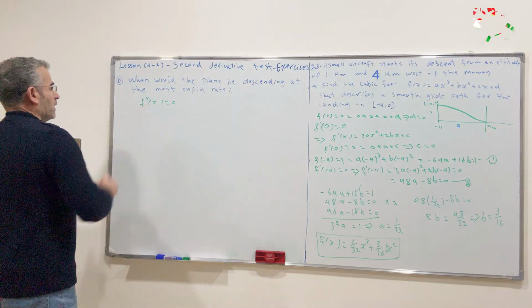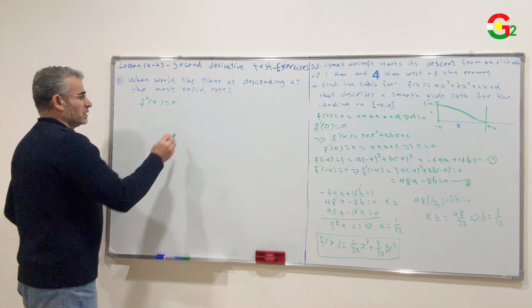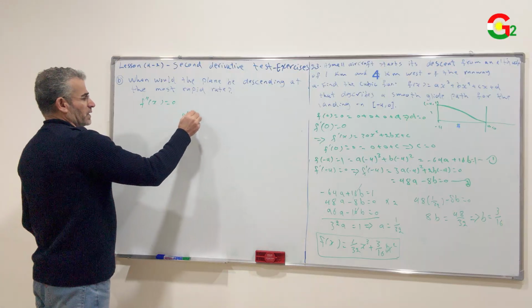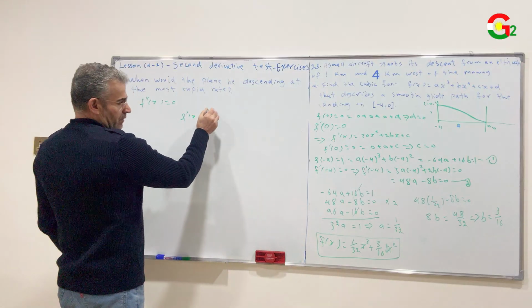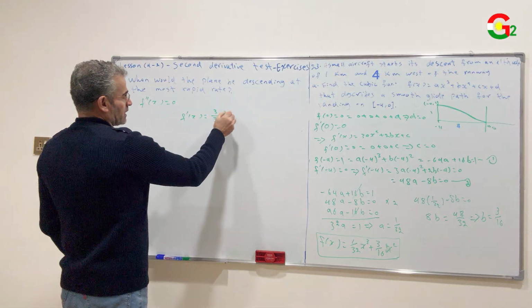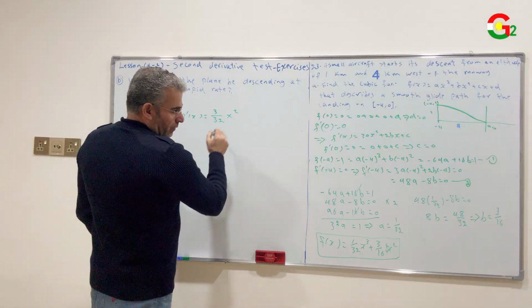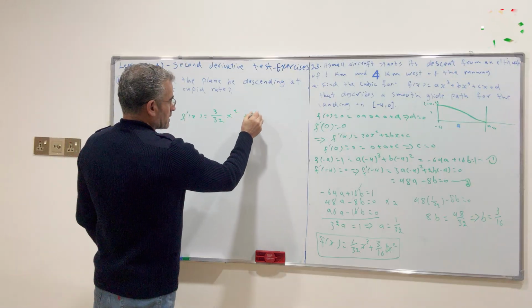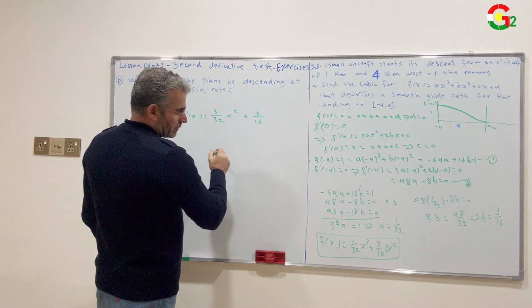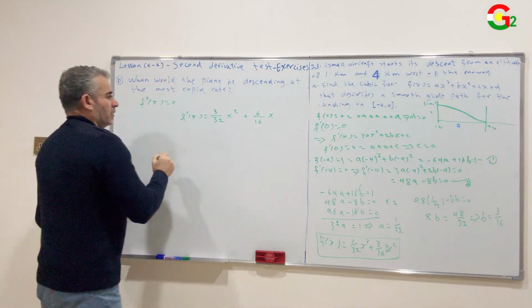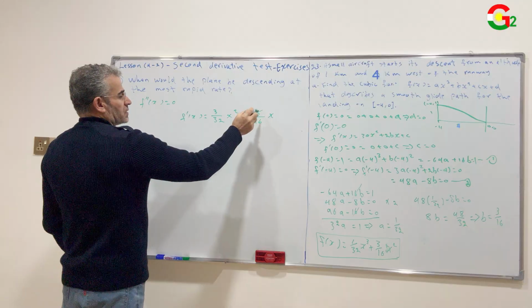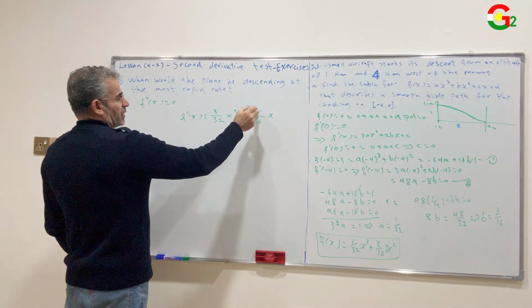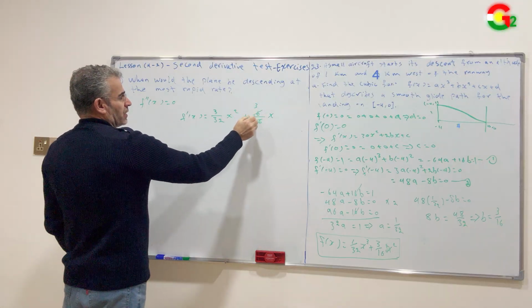Therefore, we will find the second derivative of this function first. f prime of x equals 3 over 32 x squared plus 6 over 16 x, reduce 6 with 16, divide by 2, 3 over 8.